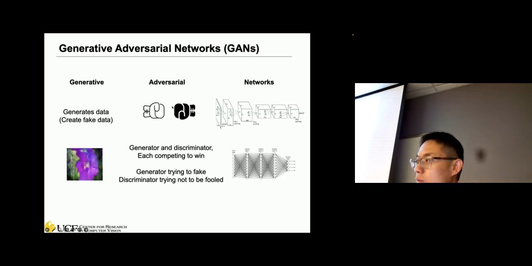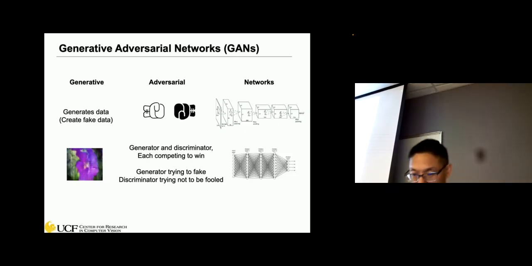We'll talk about the two players in the GAN network, and of course we are training the networks. This can be a CNN, a fully connected network, or a transformer architecture. There are no specific restrictions on what kind of network you can use for the GAN framework, so you can freely choose.